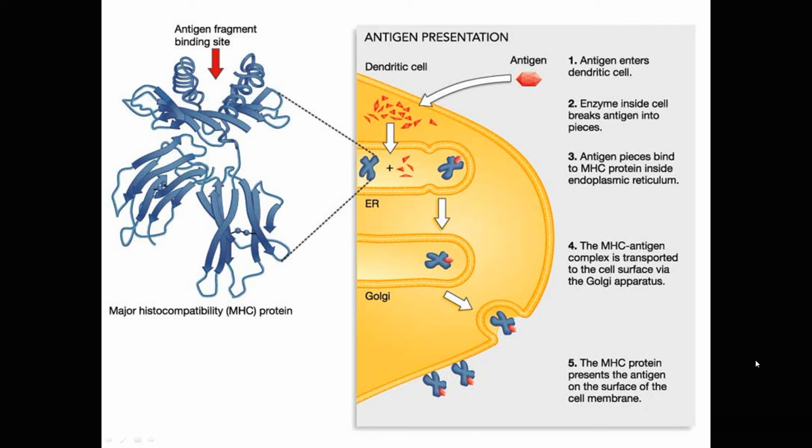MHC class 1 molecules are involved in the processing of endogenously synthesized proteins, viral for example. Association of viral antigen plus MHC1 activates the cytotoxic T cells. MHC class 1 is expressed by all somatic cells, while the MHC class 2 structures are expressed only by the specialized antigen-presenting cells, as shown here.